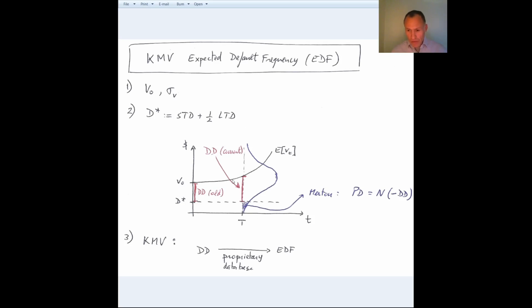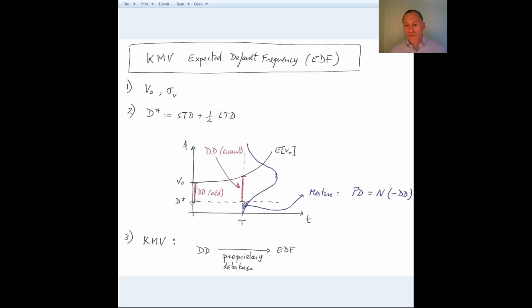And intuitively, this is what's going on. This is the figure that shows the value of the assets evolving through time. It starts here today, and it will evolve through time. The initial distance to default was essentially this distance here between what the firm is worth today and the default point.